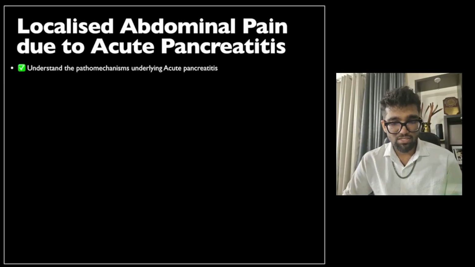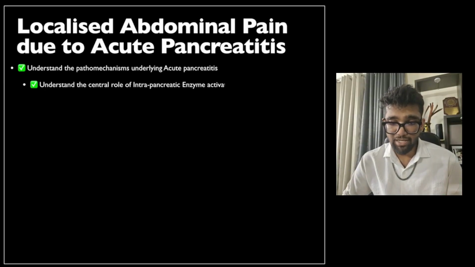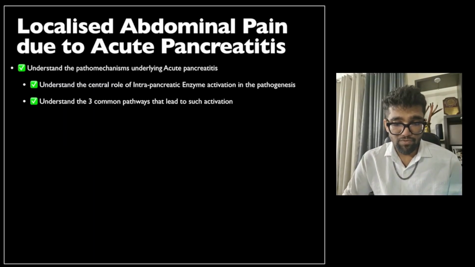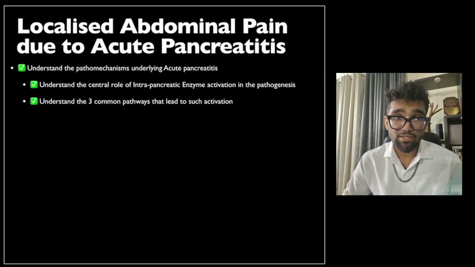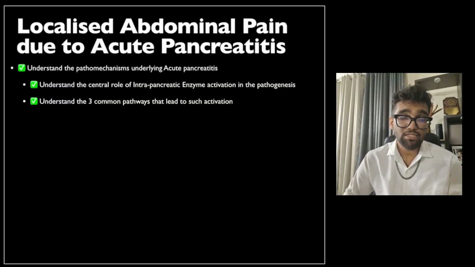So what we've discussed is we've understood the pathomechanisms underlying acute pancreatitis, particularly the central role of intrapancreatic enzyme activation. And we've understood the three common pathways that result in such activation, namely direct acinar injury, abnormal co-localization of the trypsinogen containing vesicles with the lysosomal vesicles, and finally pancreatic ischemia.